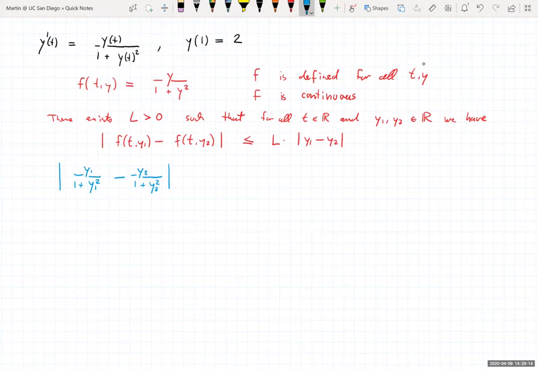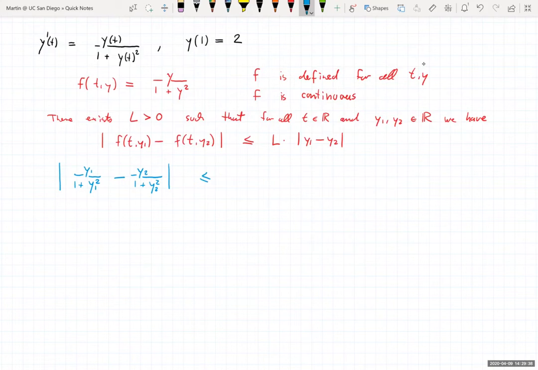So one promising approach is to again use the fundamental theorem of calculus. So we write this as an integral from y1 to y2 of the derivative of the function f in y, and then we try to bound the derivative. Let's try that.